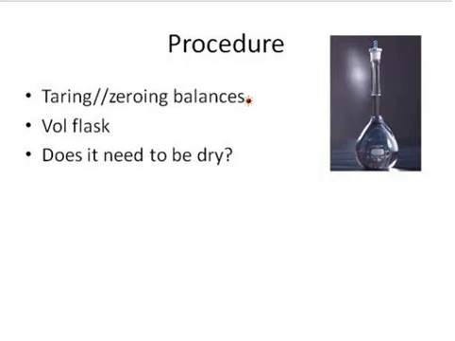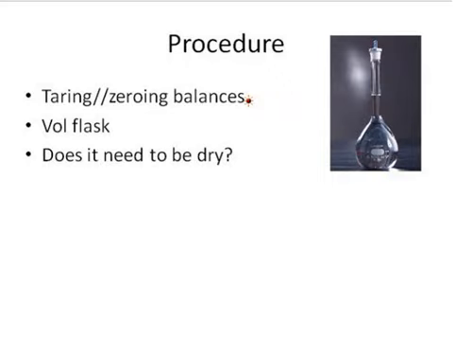And so you put the weighing boat on the balance and push the button that says tare, and it'll make the balance go to 0. And then when you put sugar into the weighing boat, the mass will go up from 0 rather than going up from what the original mass of the weighing boat was. So that's a neat strategy for getting the known masses of the sugar that you'll use in this case.